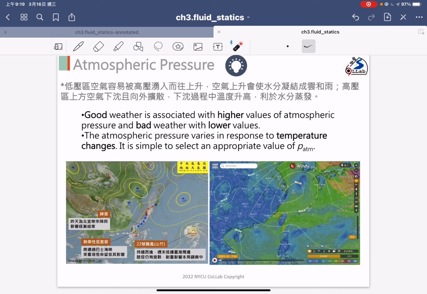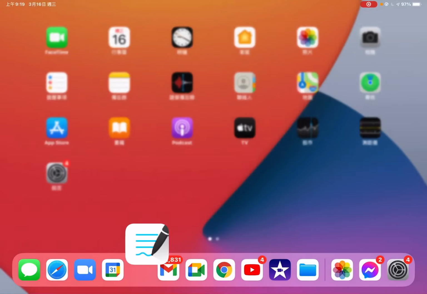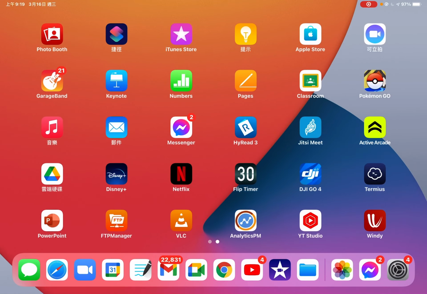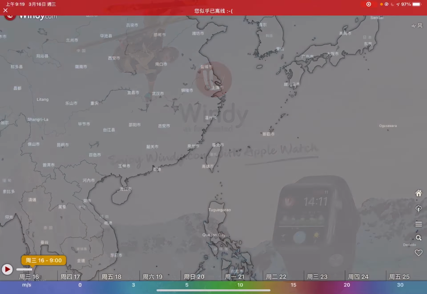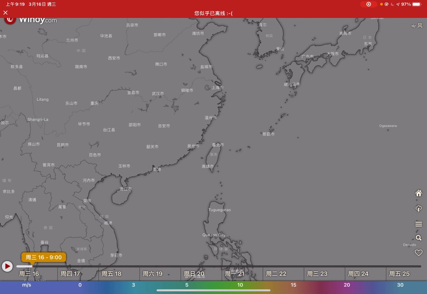And the sentence already provided the reason why. So I really like Windy. You see, this is Windy. Windy is very good, as I can show in here. Maybe I have Windy, right? And I just plot Windy. Right now I don't have Wi-Fi.